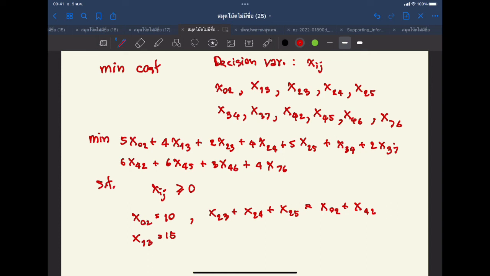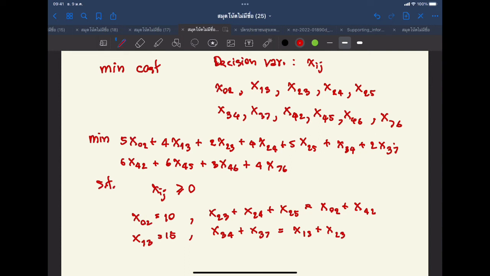Okay, there are two lines coming to node 2. And for node 3, we have x34 plus x37, and we have incoming stream from x13 plus x23.